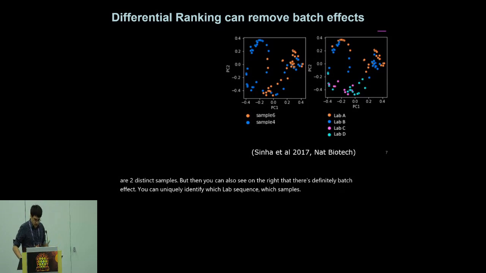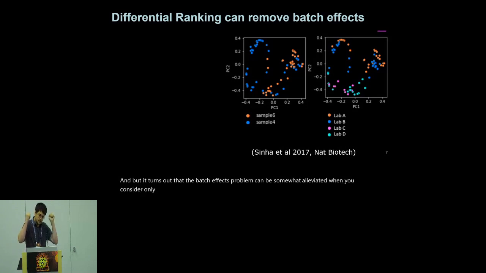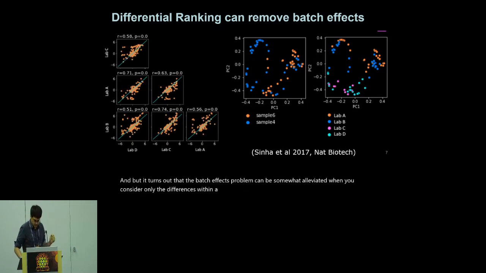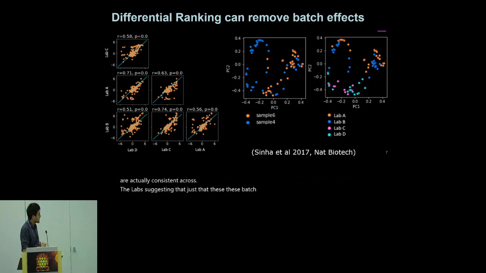But it turns out that the batch effects problem can be somewhat alleviated when you consider only the differences within a lab. When you run your differential abundance approach within each lab and compute the log-fold changes, those log-fold changes are actually consistent across the labs, suggesting that these batch effects are largely linear in this specific case.